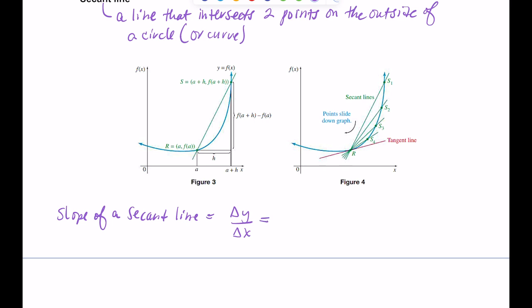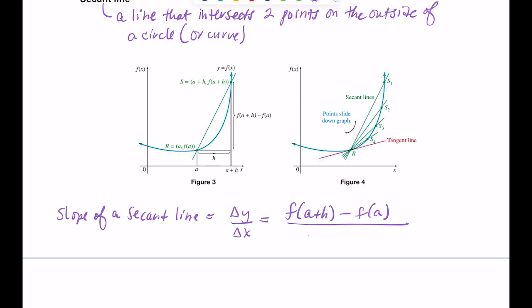So if I look at this secant here, and I want to find its slope, and you could find the slope of all 4 of these secants, you would take the y2 minus the y1, so you've got f of a plus h minus f of a, over your x2 minus your x1.